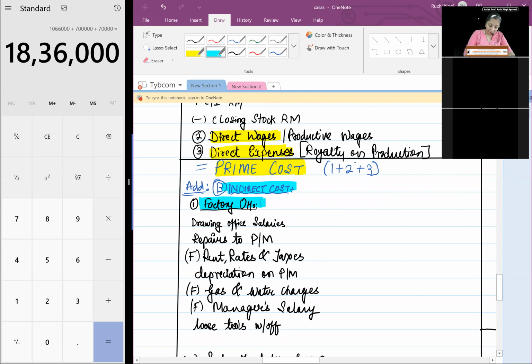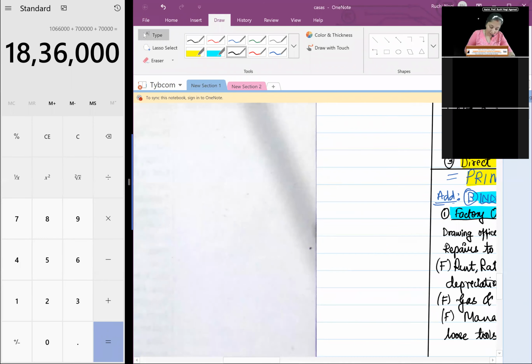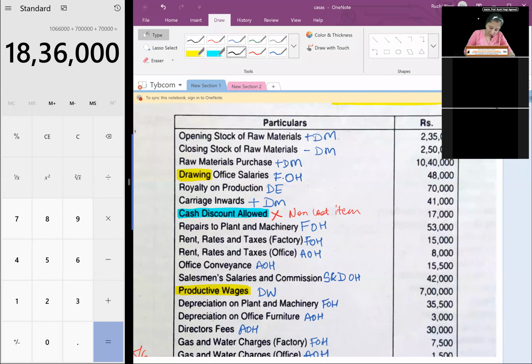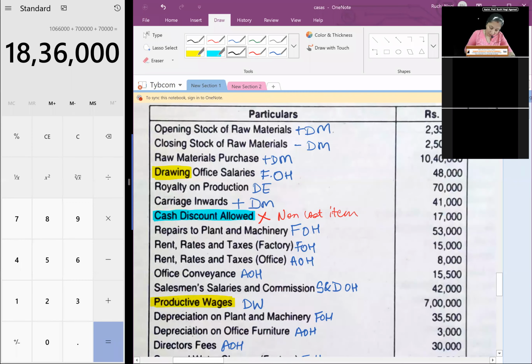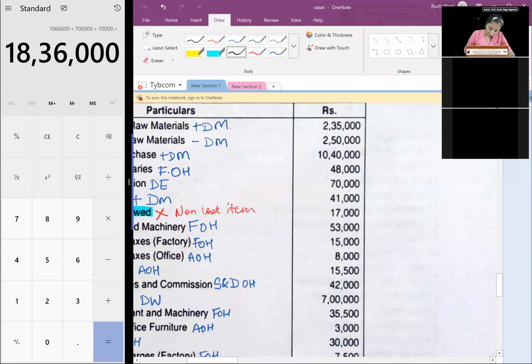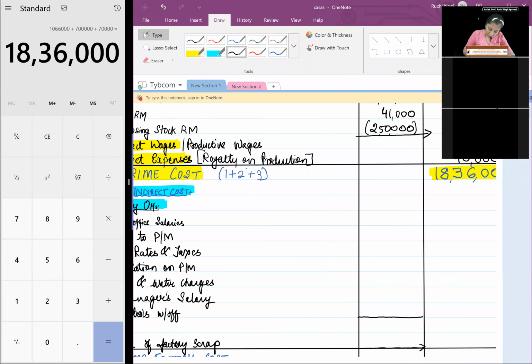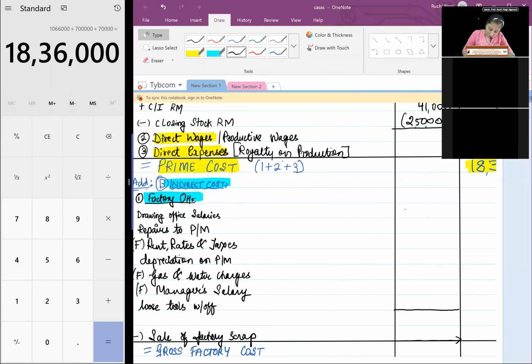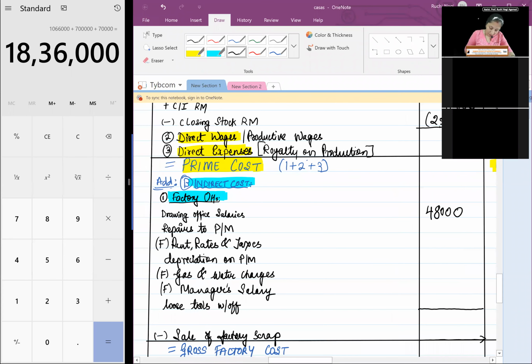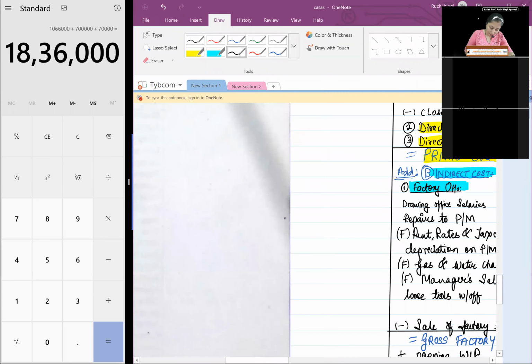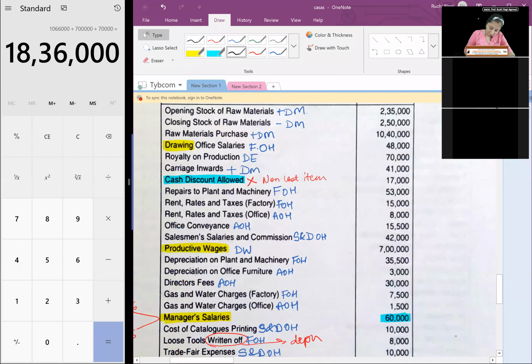Okay. In factory, what do we have? Which items are there in the sums? Drawing office salary. So let us see. Drawing office salary 48,000. So right here 48,000. Next, repairs to plant and machinery 53,000.